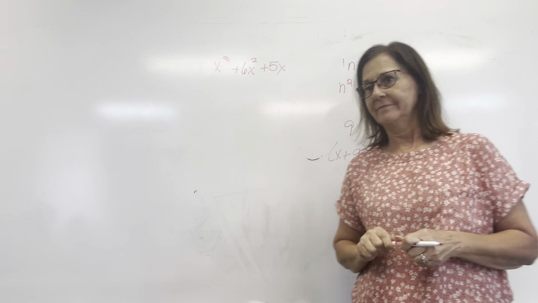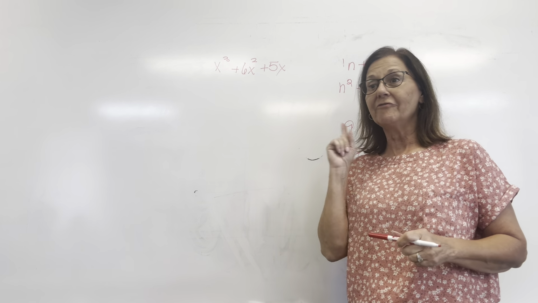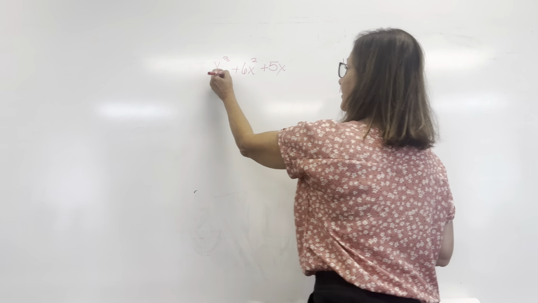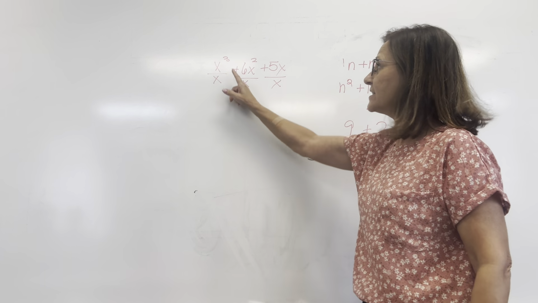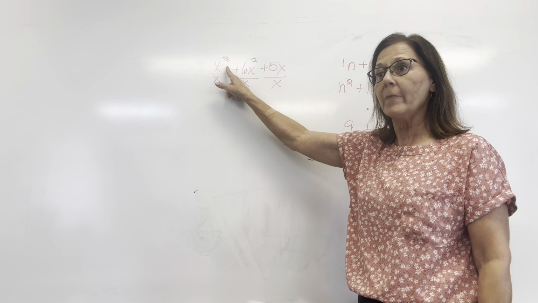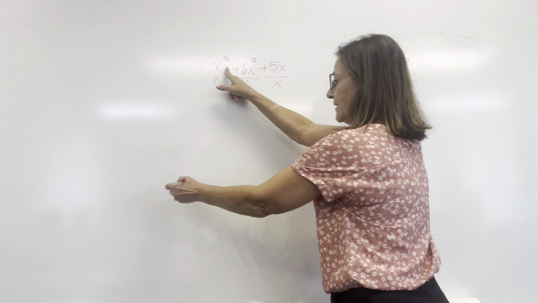You divide everything by x. First, I'm going to factor out my greatest common factor. And I can take an x out of each one of these. This is not a quadratic. This is a cubic equation. It does not look like a parabola. It looks like this.